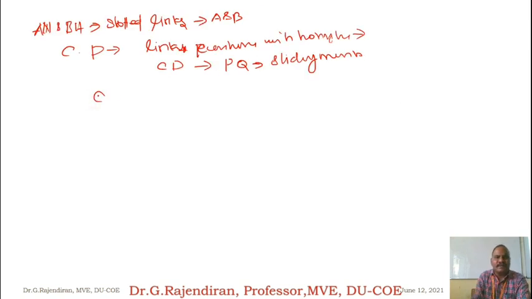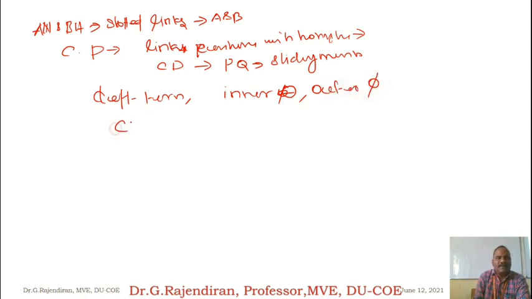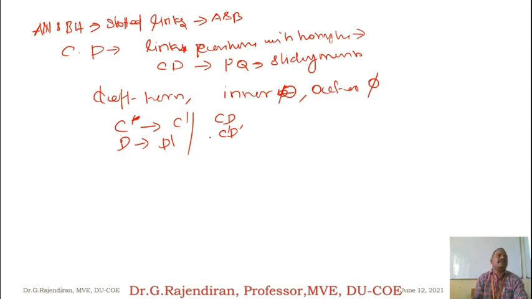Left turn, inner wheel theta, outer wheel phi. C is moved from C to C dash, D is moved from D to D dash. So the initial position is CD, now the position is C dash D dash.